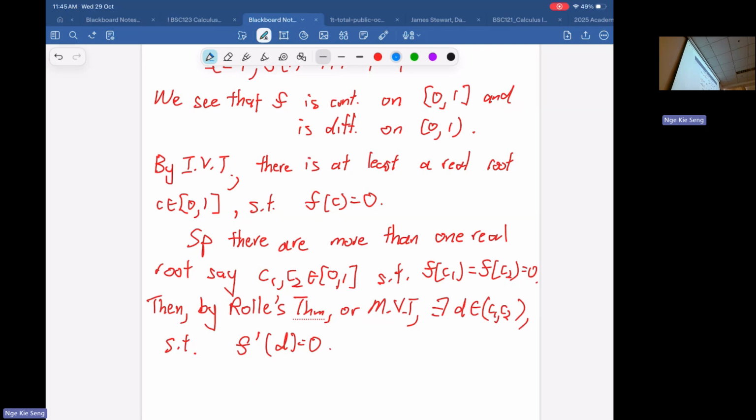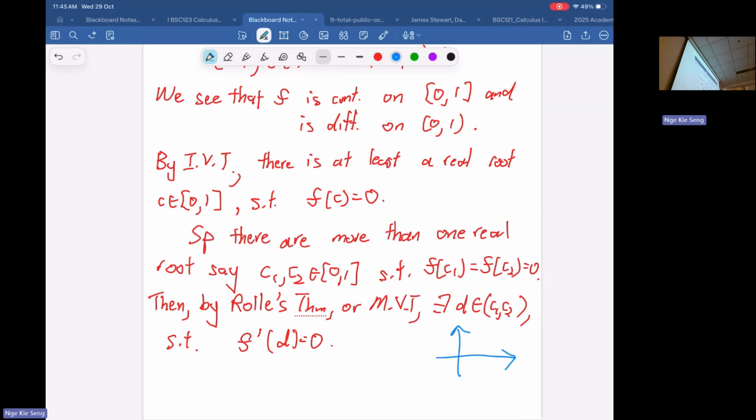So if you use the MVT here, let's say this is C1 to C2. So here is f(C1), is f(C2). Okay, so there's another point that has derivative 0.